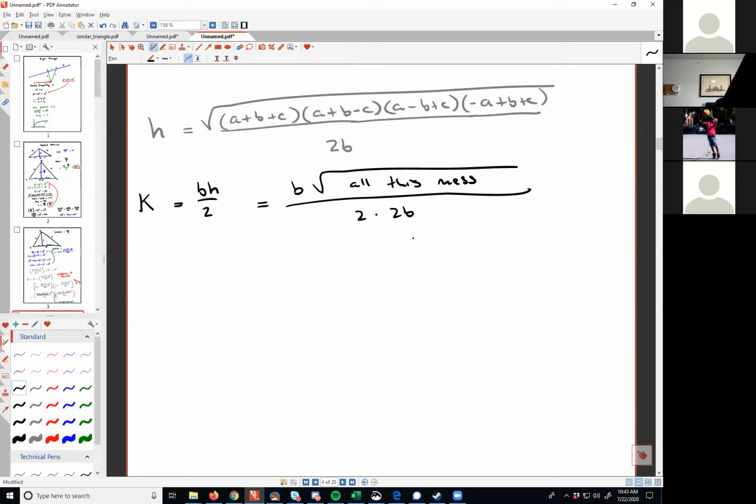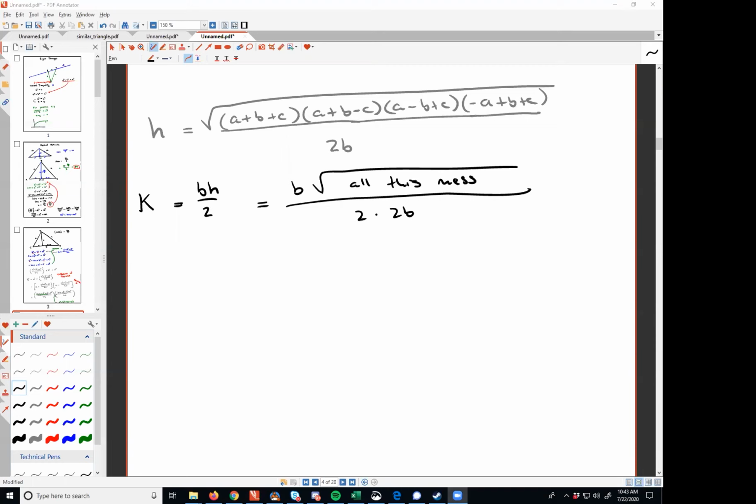Now what happens? What's in both the numerator and the denominator?